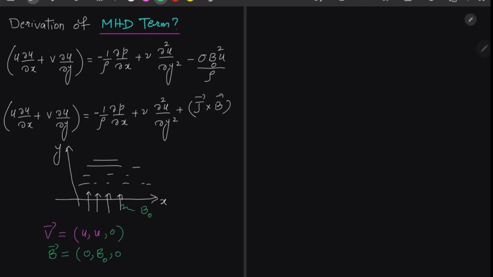The conduction current can be written as J = sigma (E + V cross B). Here, sigma is the electrical conductivity, J is the conduction current, E is the electric field, V is the velocity, and B is the magnetic field vector.